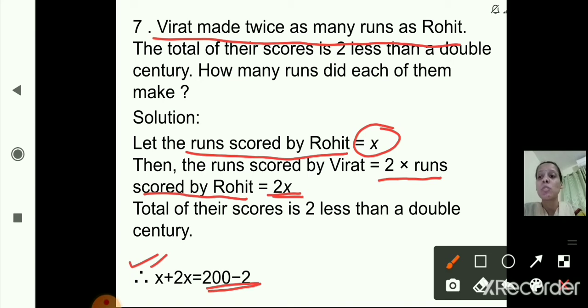So x plus 2x is equal to 200 minus 2. Yes, 2 less than a double century means 200 minus 2. So this is the equation. x is the runs scored by Rohit, and 2x is the runs scored by Virat.